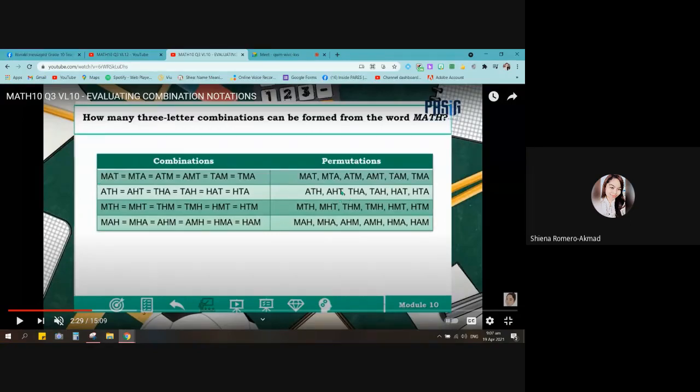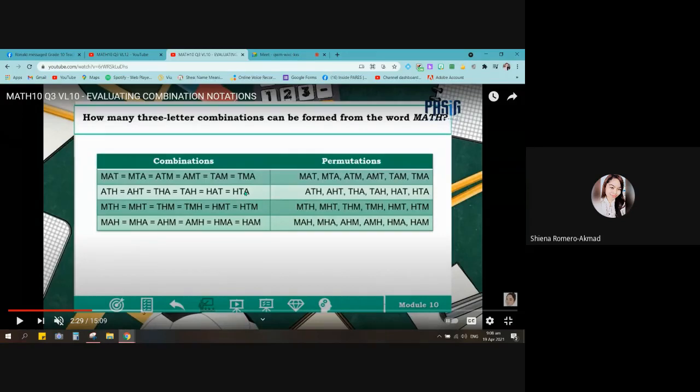Here, makikita nyo, we use the letters A, T, and H, and arrangement is important. That's why each of the following arrangements is different, is unique when it comes to permutation. In combinations, you have letters A, T, and H, and that's all the letters you use in these arrangements.